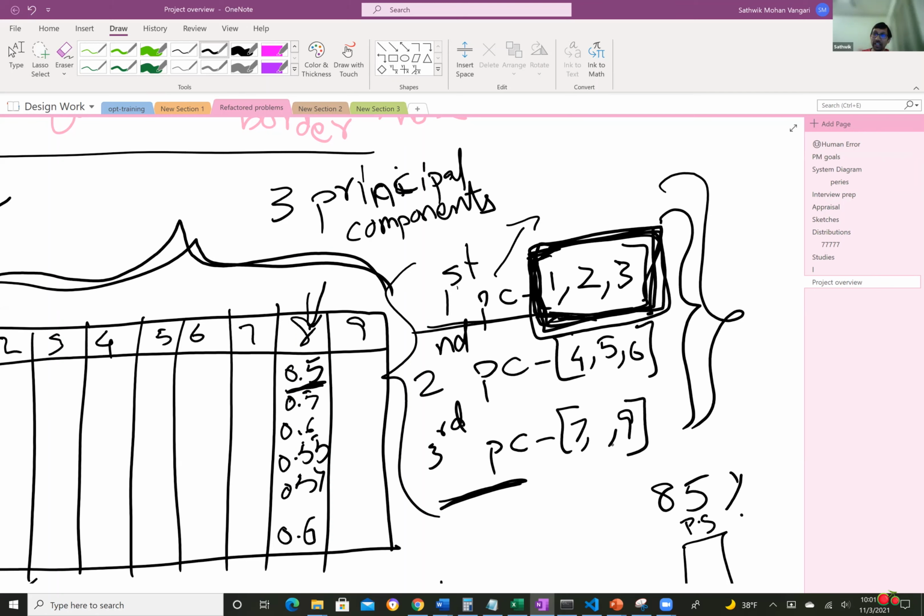I posted a link on chat before today's class even started, actually. I was trying to look at an article which had one of the simplest and best explanations of PCA. So I stumbled on one article where he writes right up front that he is not going to talk about the math of how PCA works. So he doesn't talk about eigenvalue decomposition. He doesn't talk about what eigenvalues are, how they're calculated and stuff.